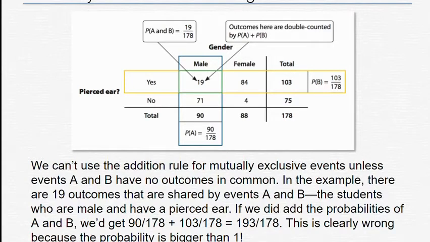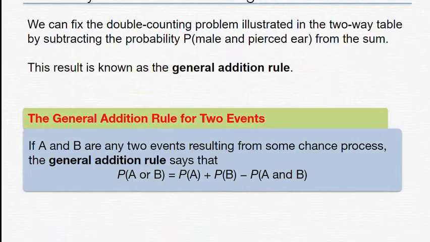So if you try to add up the probability of A, which is males, and the probability of B, which is pierced ears, you get an answer that's bigger than 1, which, as we discussed last class, is not possible. So we need to subtract out the people who were double counted.